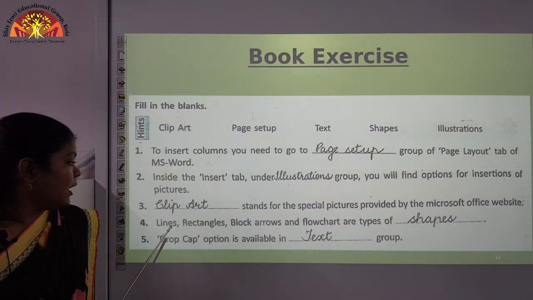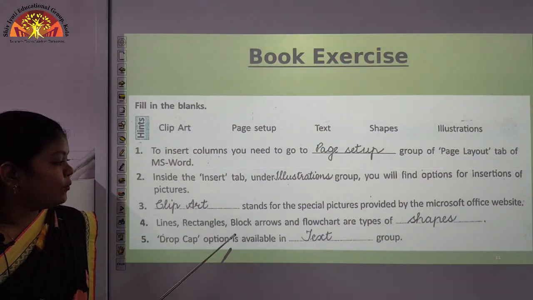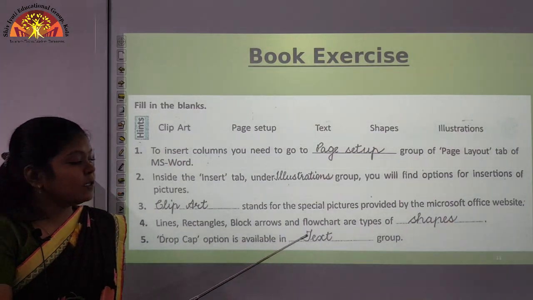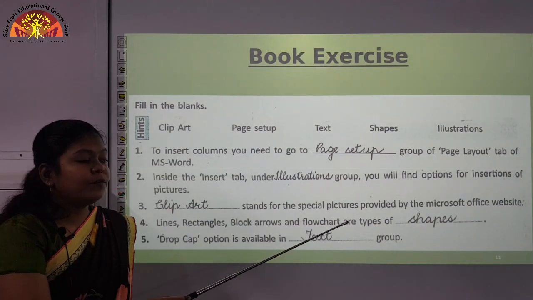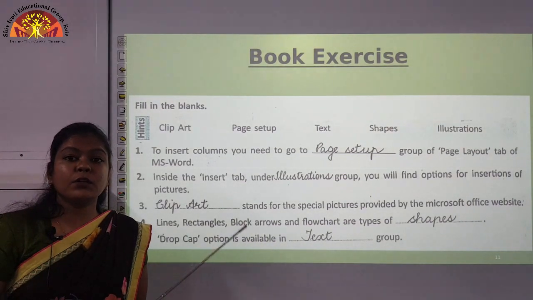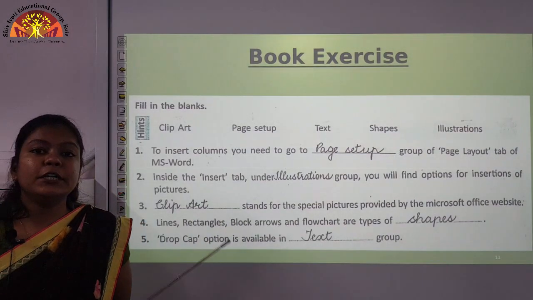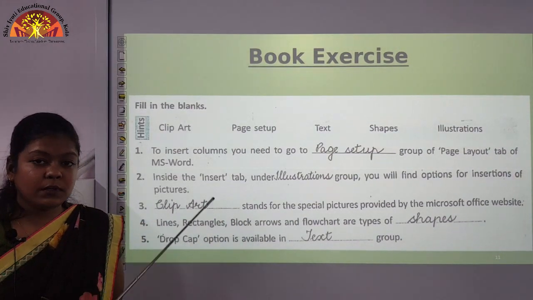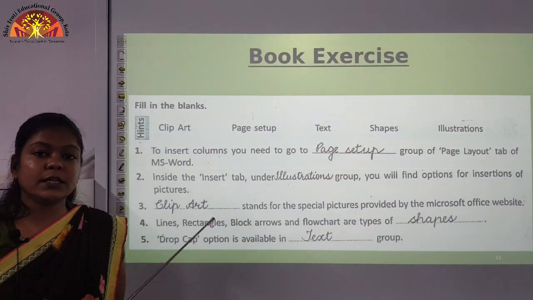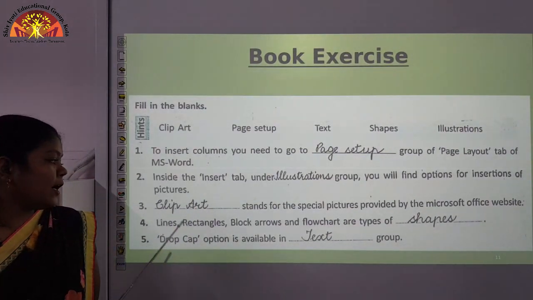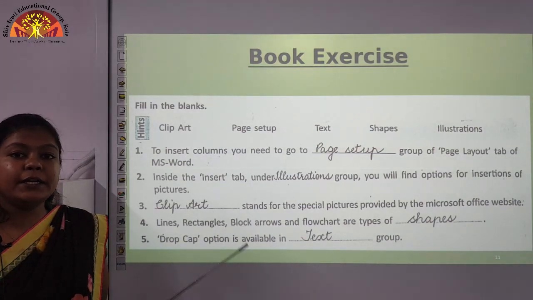Next, lines, rectangles, block arrows and flowchart are types of dash. Students, when you click on the shapes option in the insert tab, then you get different shapes in the MS Word that you can insert in your document. The options are lines, rectangle, blocks, circles and different arrows.